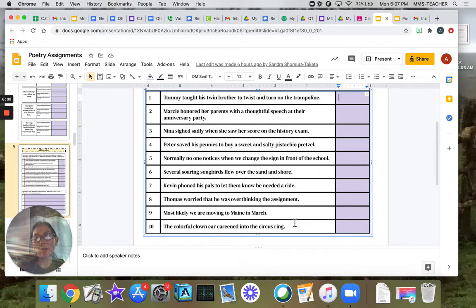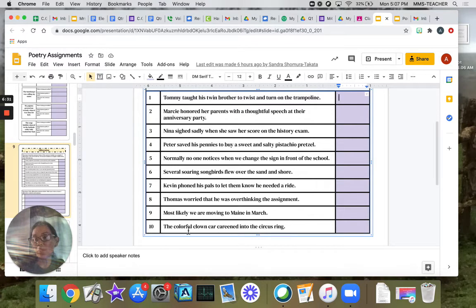Now, number 10 is a little tricky. I know there's a lot of C's: colorful, clown, car, and careened. But circus, I know circus starts with a C, but it does not make the same sound as these other C words, colorful, clown, car, careened.